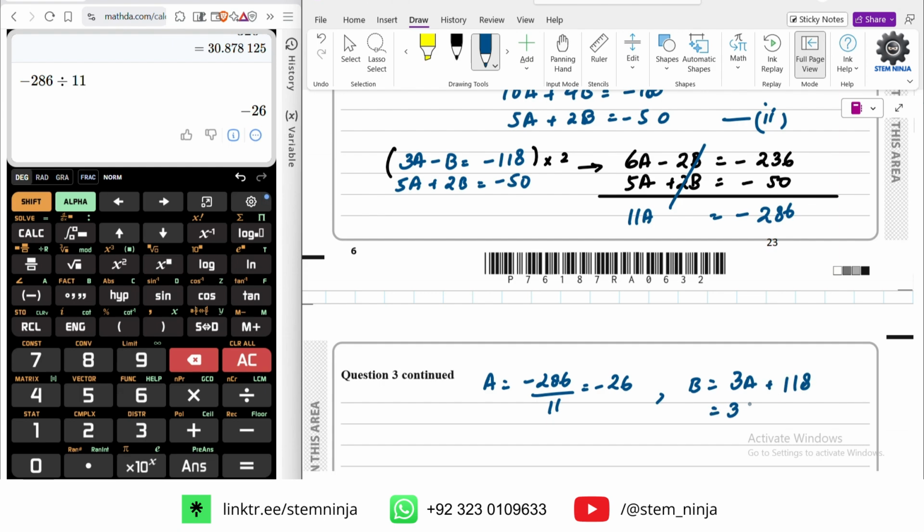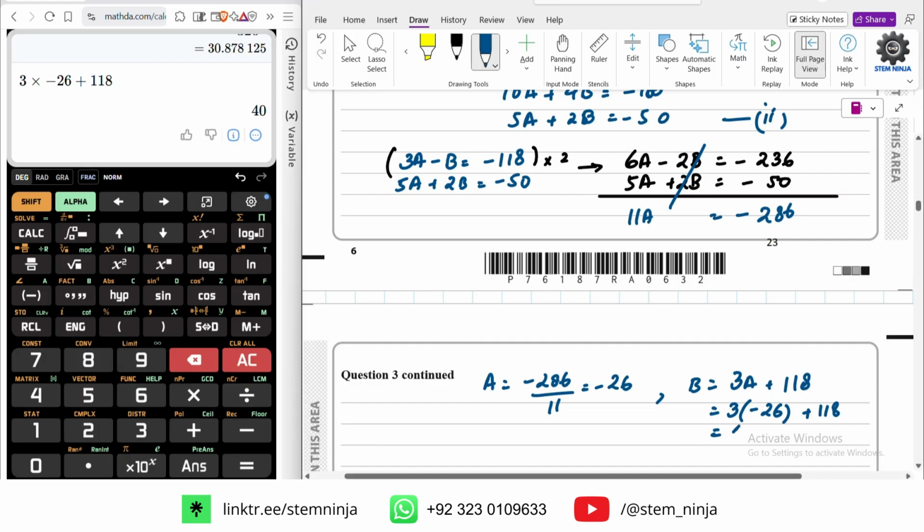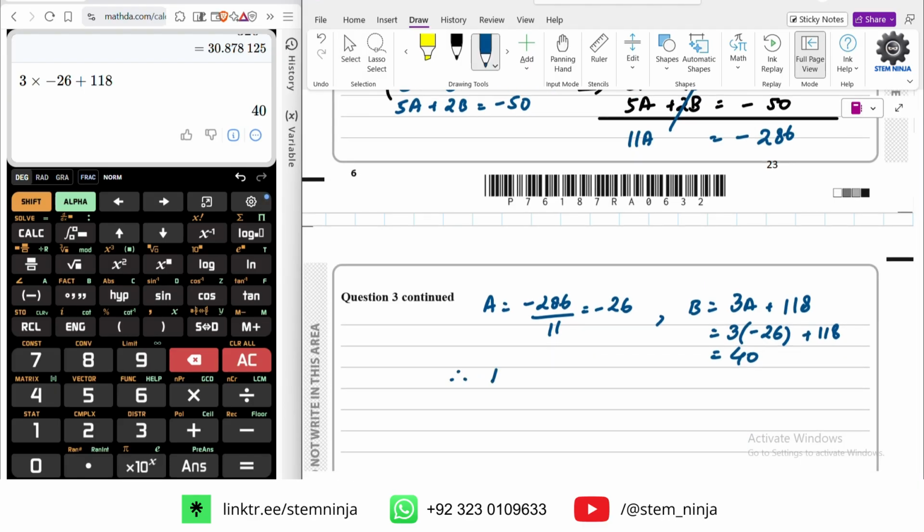So 3 times minus 26 plus 118 would be 40. Right. Okay, so therefore A is minus 26, B is 40.